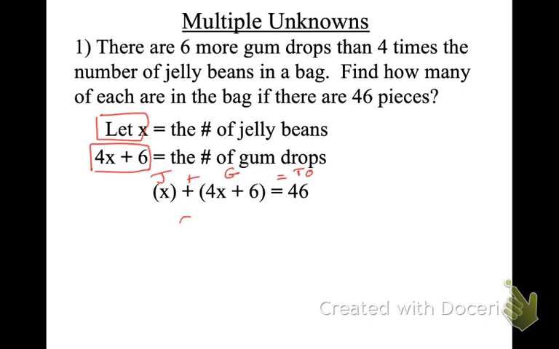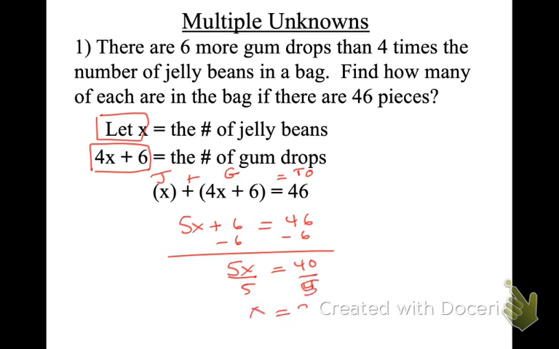That's how we're getting that equation. And then we get 5x plus 6 equals 46. Okay, subtract the 6. 5x equals 40. Divide both sides by 5, sorry. And we get x is equal to 8. So we have the ability to find, we have 8 jellies.